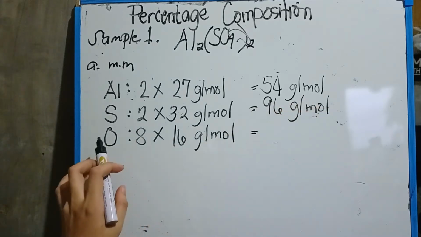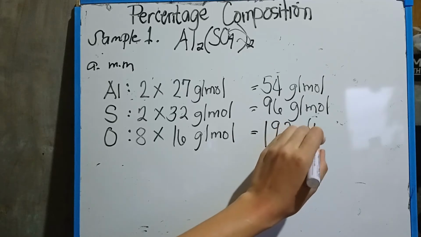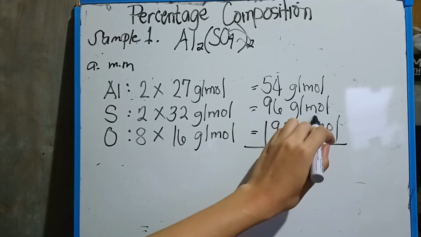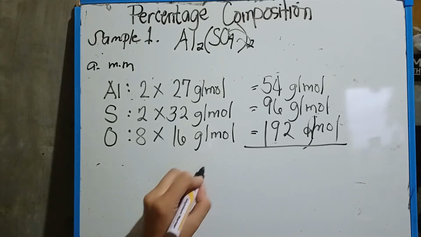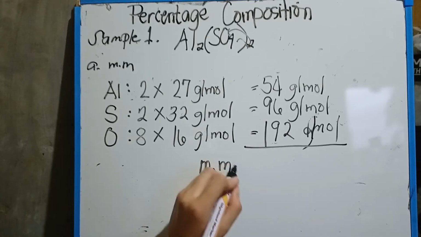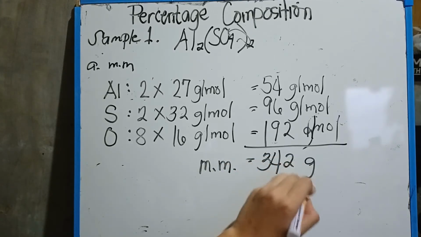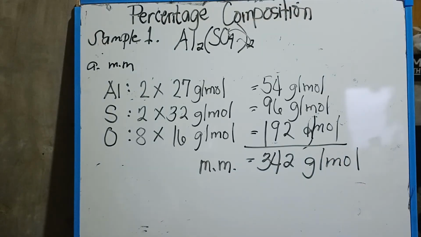Then, for our oxygen, it is 192 grams per mole. So, we're going to add the 3 molar masses of each element. 54 plus 96 plus 192. So, the molar mass of the compound is 342 grams per mole.